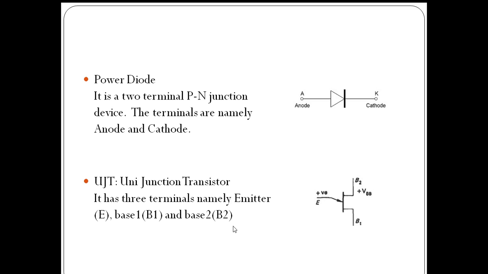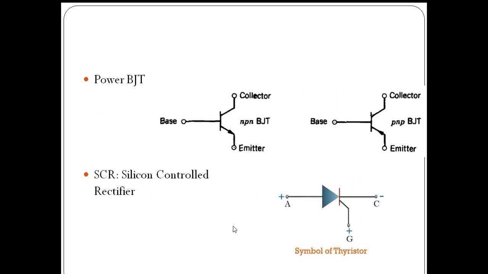Now we will switch over to power BJT. Symbolic representation of transistor and power BJT is almost the same. There won't be much change.